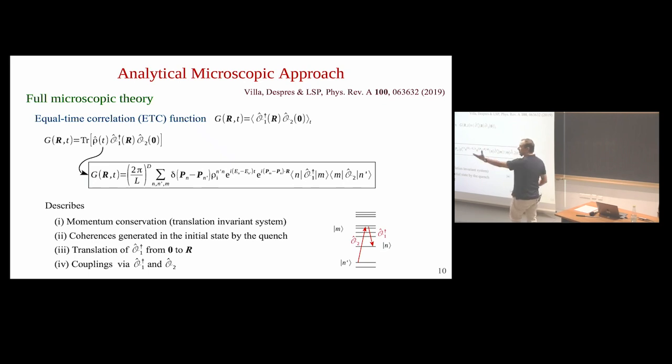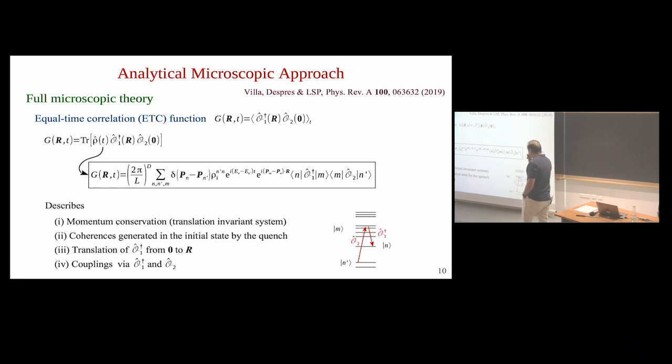I have an operator that is located at r, and I translate it back to 0. This is what I call O1 dagger. And then here I have the generator of the translation that comes as a difference between the momenta of the states m and n, which appears here because this is a translation of O1 only, multiplied by the distance. Okay, so this is essentially the picture.